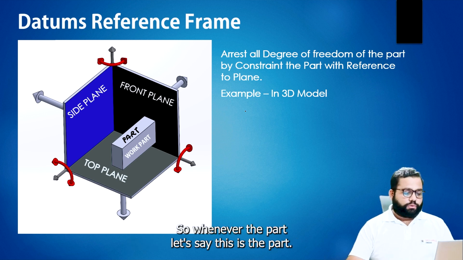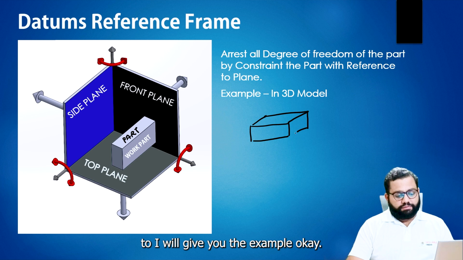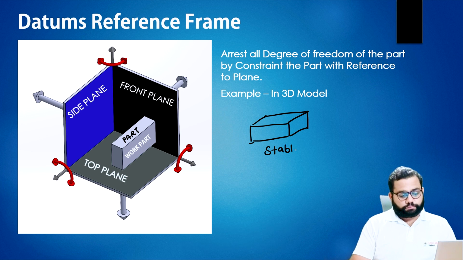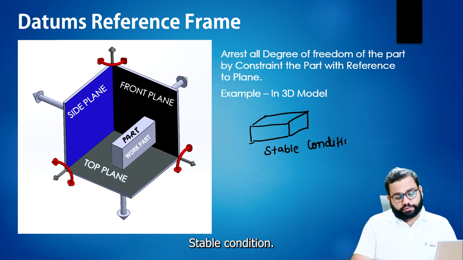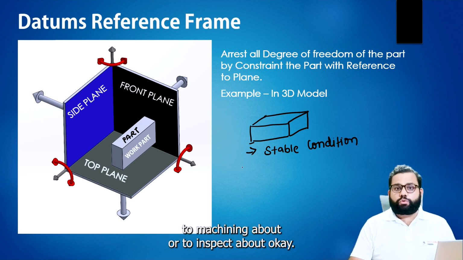Let's say this is the part, and I will give you an example. We want this part to be in a stable condition. Why do we want this? To machine the part or to inspect the part.